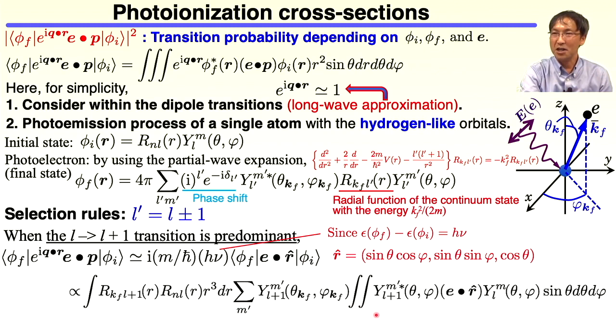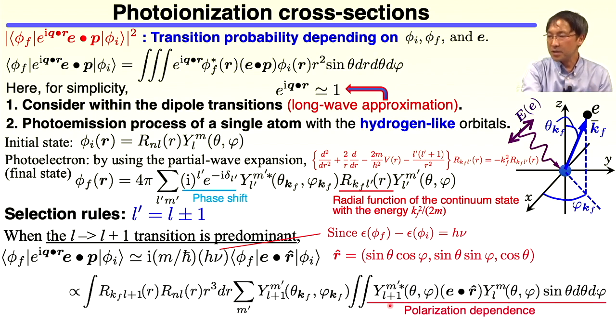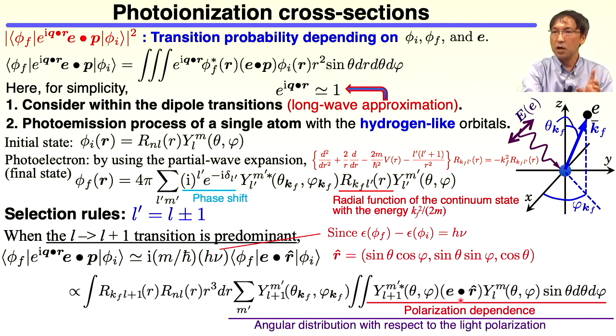This formula is so long, but gives us important information. At first, this part represents a polarization dependence, which can be analytically calculated since E·R̂ is proportional to the first-order spherical harmonics. This part gives the photoelectron angular distribution with respect to the light polarization.